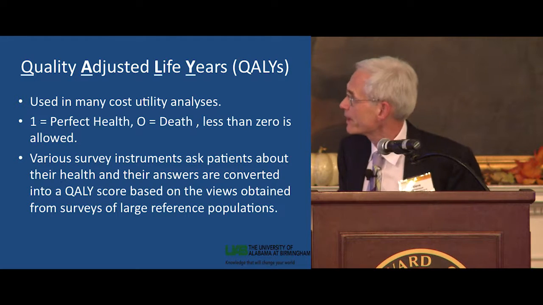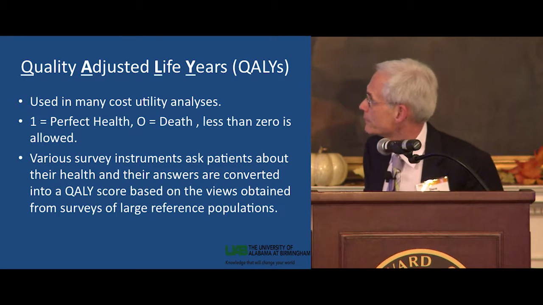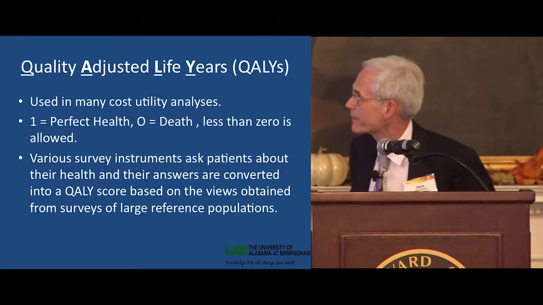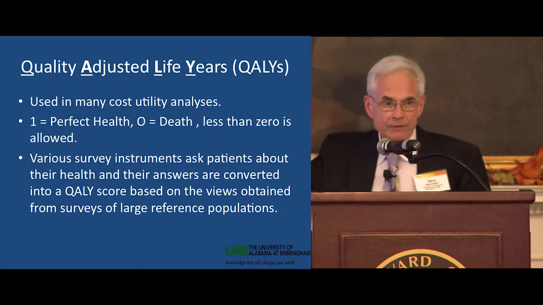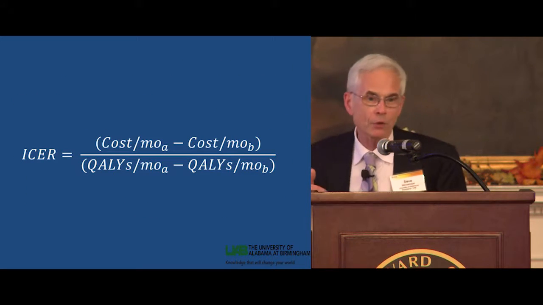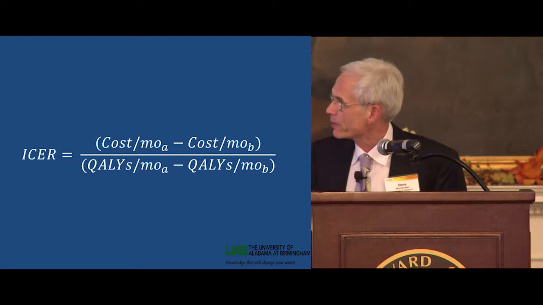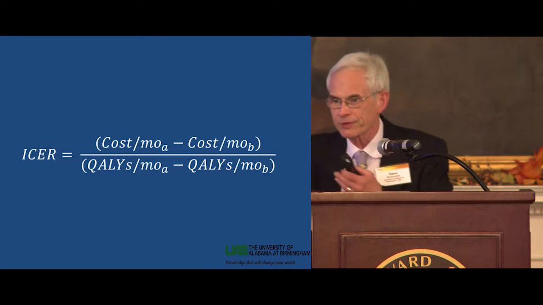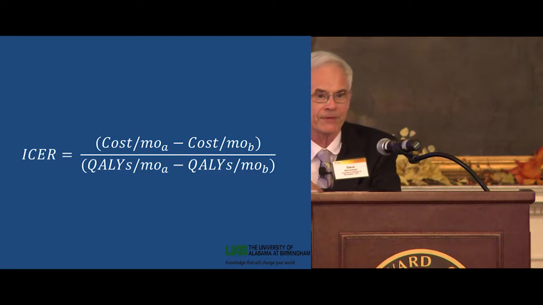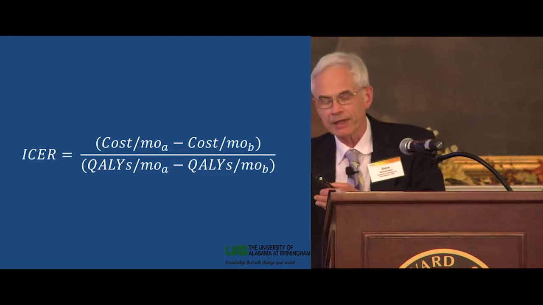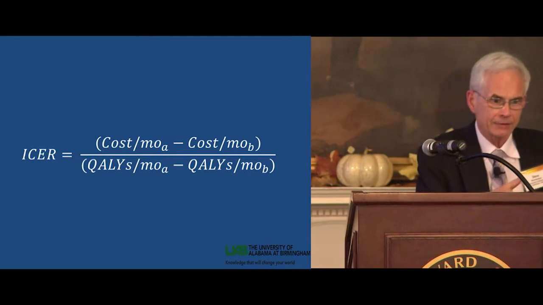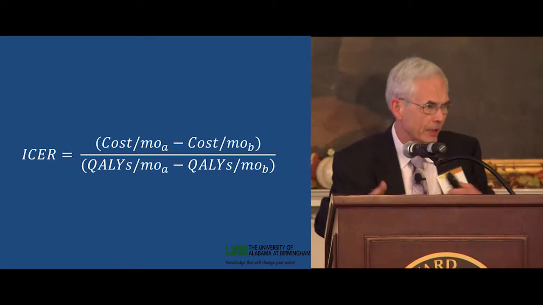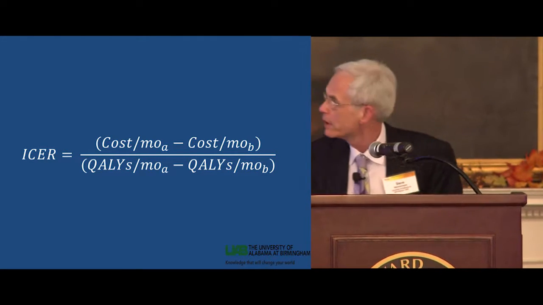There are various survey instruments that you ask patients about their health, and then their answers are converted into this QALY score, which is based upon a very large survey that was done in a population where you presented the people in the population with hypothetical cases. What if you looked like this? What if you looked like that in terms of how much pain you're in or mobility problems or what have you?